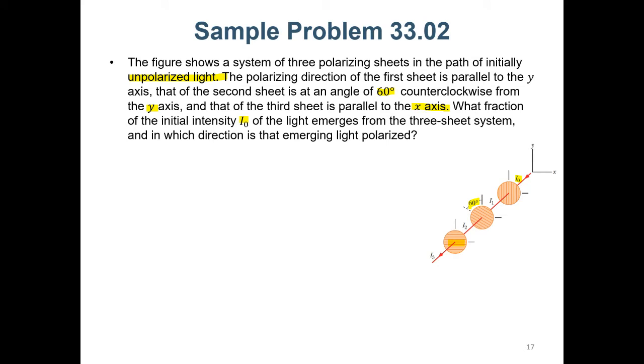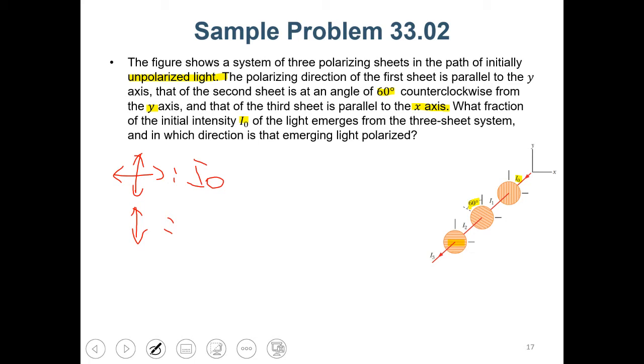Before sheet 1, the light is unpolarized, with intensity I0. After sheet 1, it becomes vertically polarized, and the intensity is 1/2 I0. This is I1, and this filter is vertical, so it stays vertically polarized.